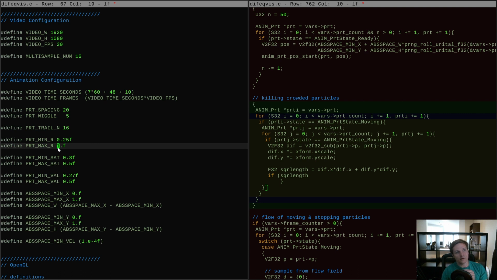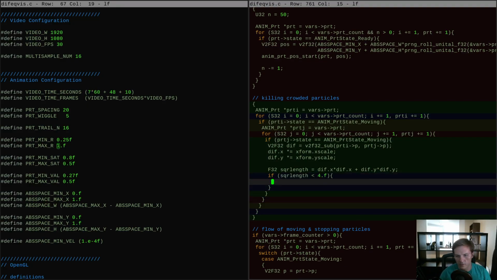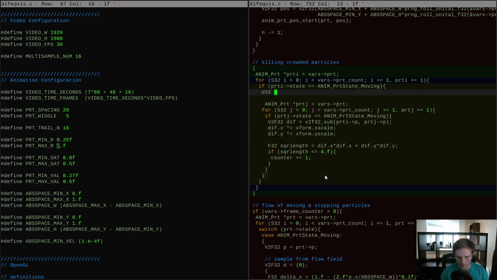If something else, yeah, so we'll use a radius of 2, which means if it's less than or equal to 4, then it's touching me. And so we're going to have a little counter here that goes up for each particle in my space.